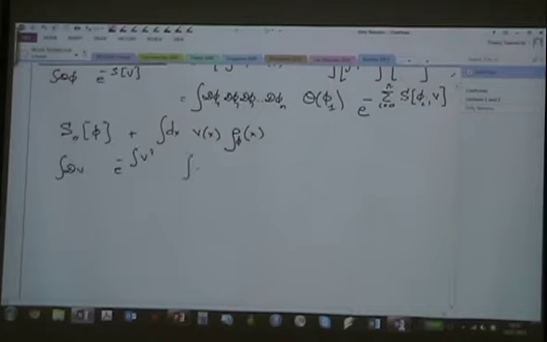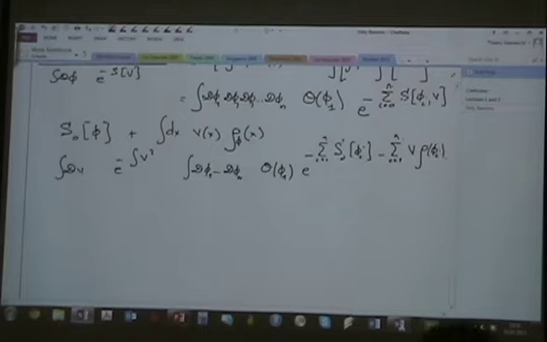Then I get the integral dφ1 ... dφn O of φ1 exponential of minus the sum from i equals 1 to n of S0 of φi minus the sum from i equals 1 to n of V times ρ of φi. I removed the integrals, you know that they are there.